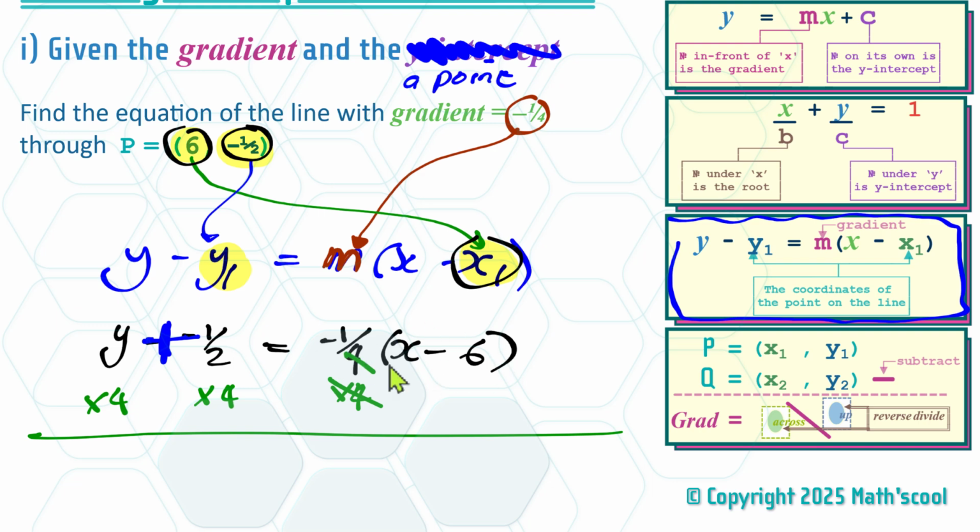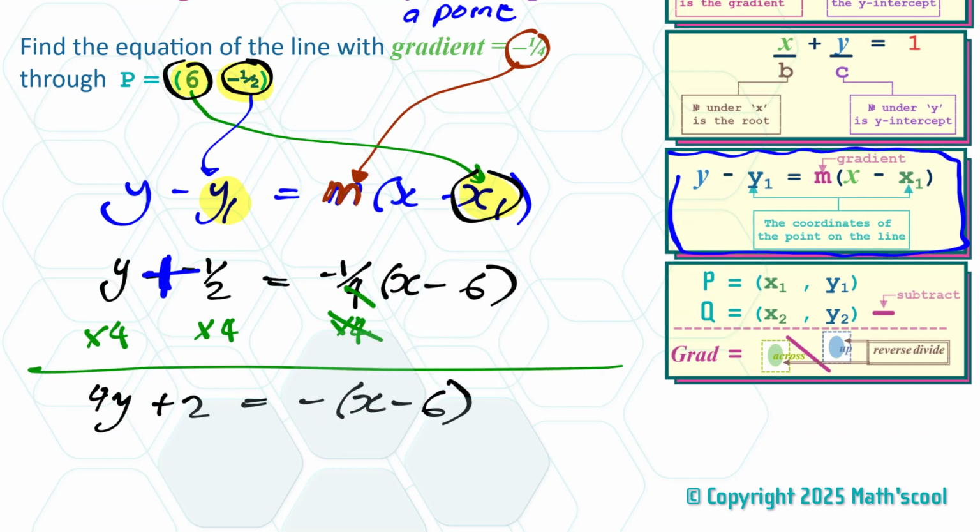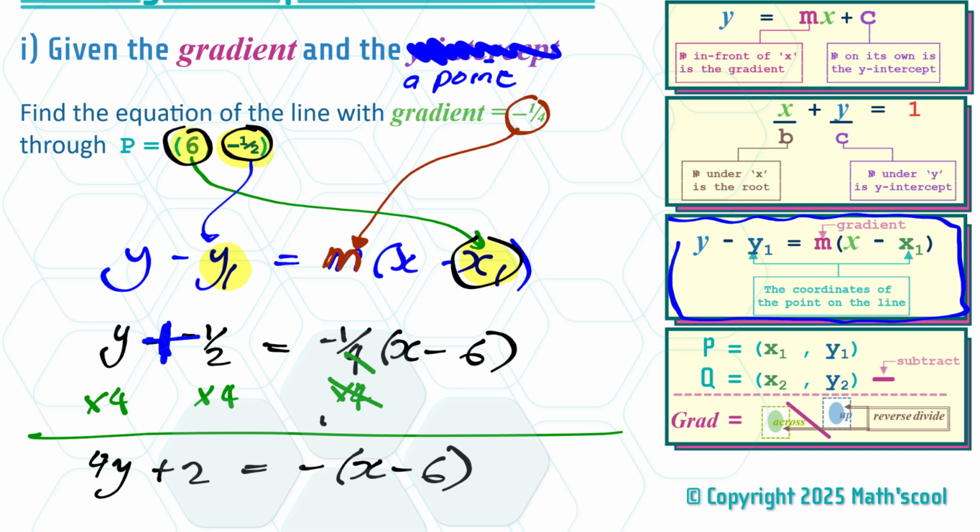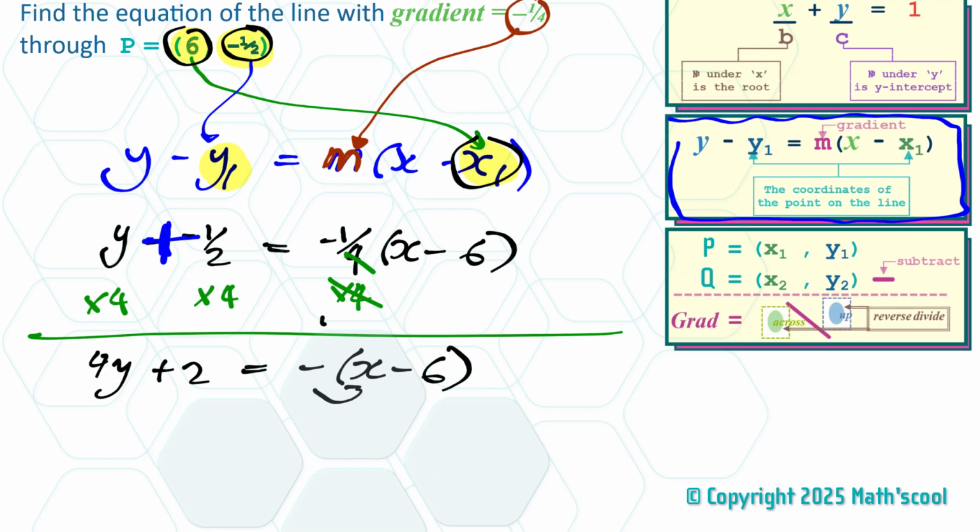This is all one term, so you don't have to write another multiply by 4. And so that gives me 4y, half times 4 is 2, plus 2 equals minus brackets x minus 6. So first thing I'm going to do is get rid of the denominator of that fraction.